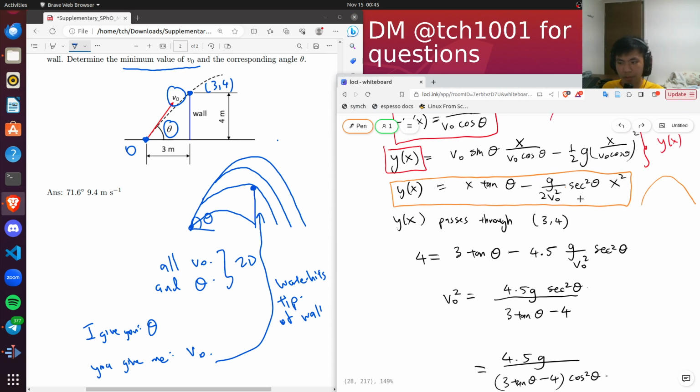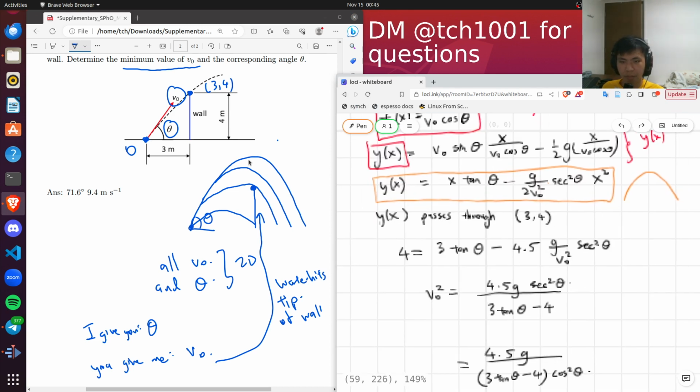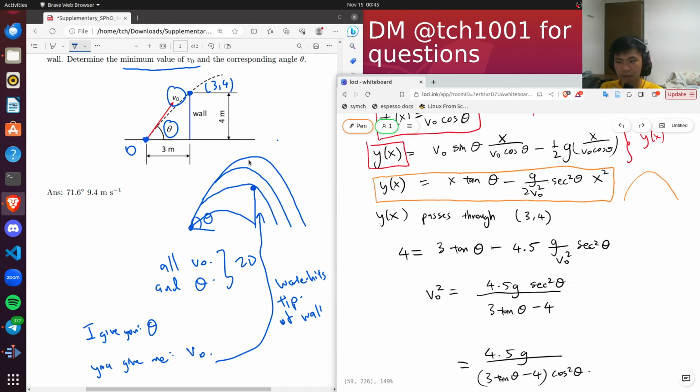So I substitute that into the equation, and remember that for a quadratic curve, 3 points would define a curve, right?